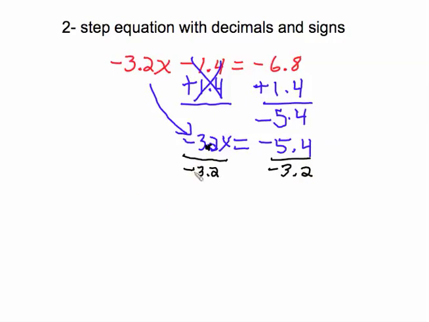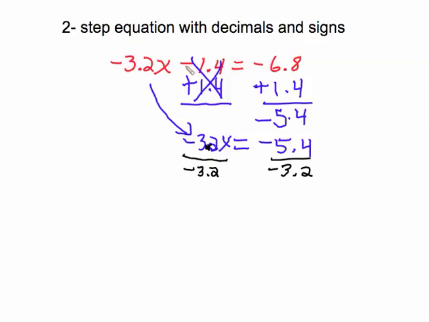Now, the reason why this is not a positive 3.2 is a lot of people make the mistake of thinking that they have to use the reverse sign, that because this is a negative, this should be a positive. That's not true. You're actually trying to do the opposite operation. Now, because this is being multiplied by x, the inverse operation is division. So you're actually dividing. That's your inverse.